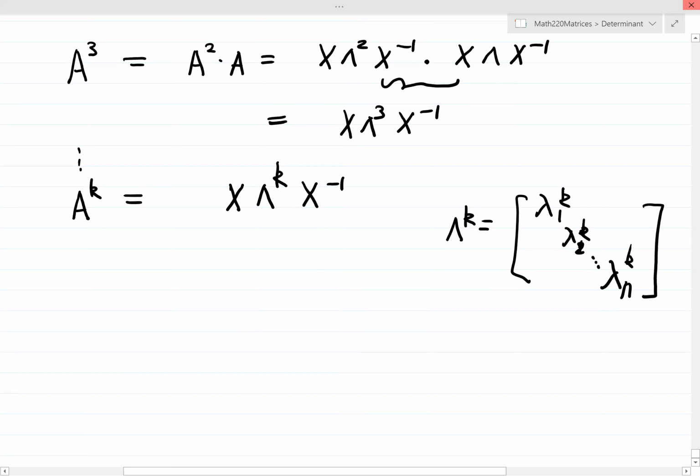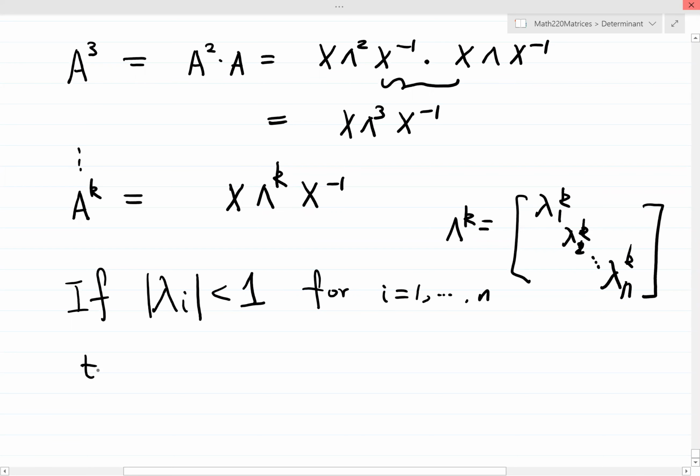Now what happens if k approaches infinity? The diagonal entries will either approach infinity or not, depending on lambda i. If the absolute value of lambda i is less than 1 for all i from 1 to n, then lambda i to the power k will approach 0 as k approaches infinity.